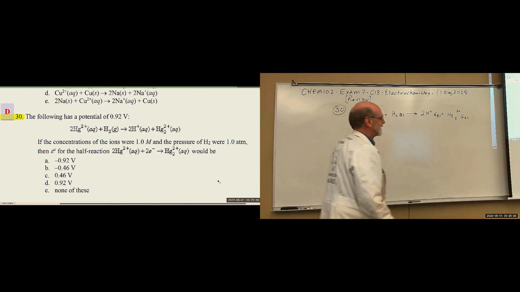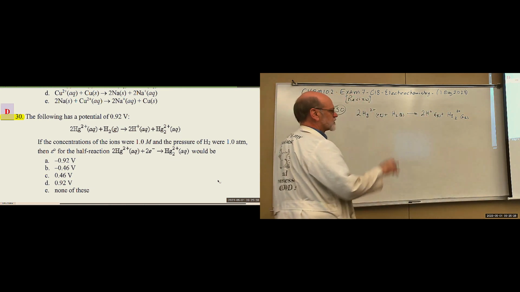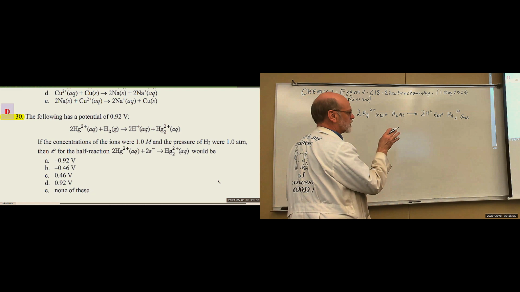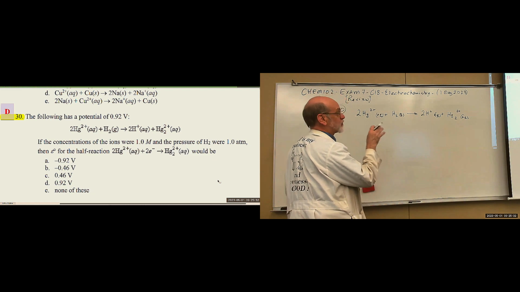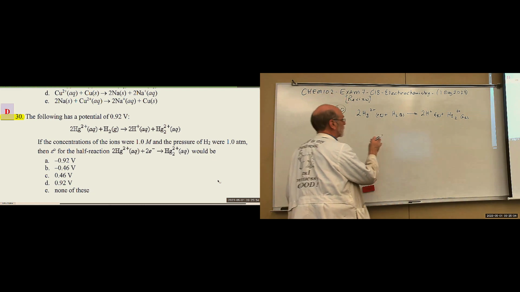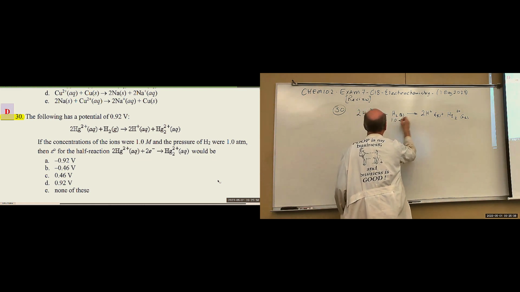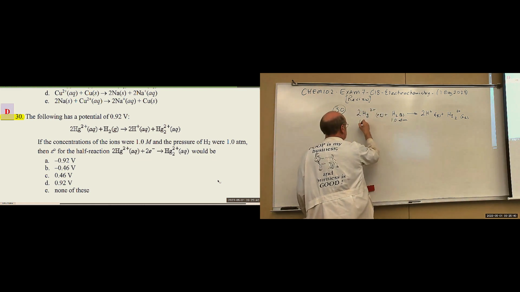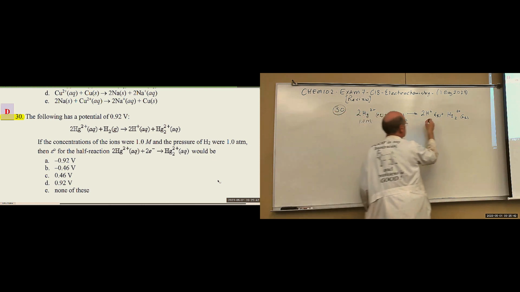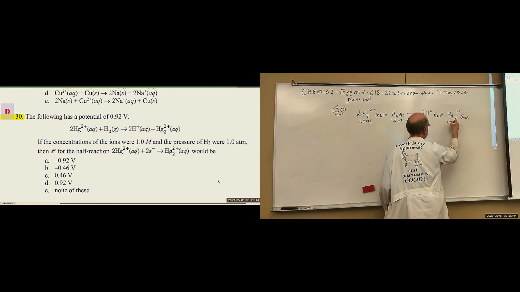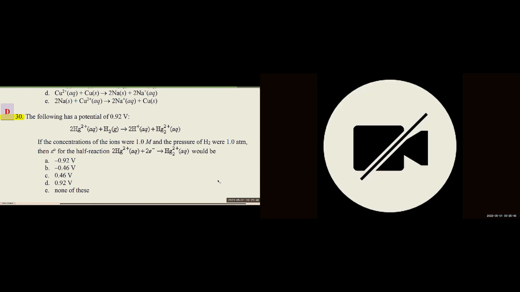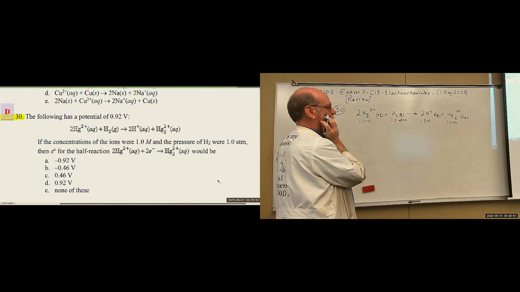Okay. What's the question? If the concentrations of ions were 1 molar and the pressure of hydrogen were 1 atmosphere. So this is 1 atmosphere. This is 1 molar, this is 1 molar, and this is 1 molar. Yeah, that's what they said.